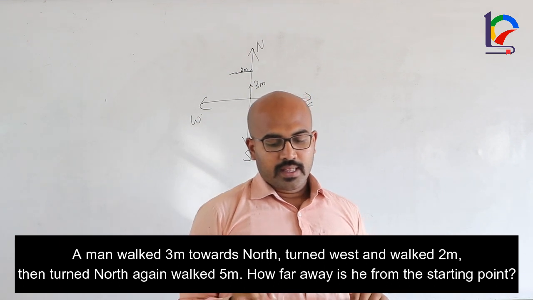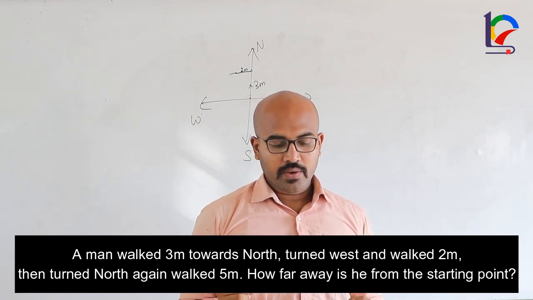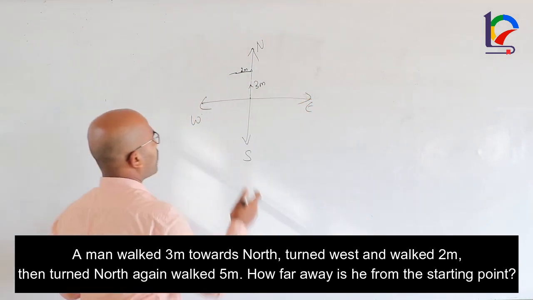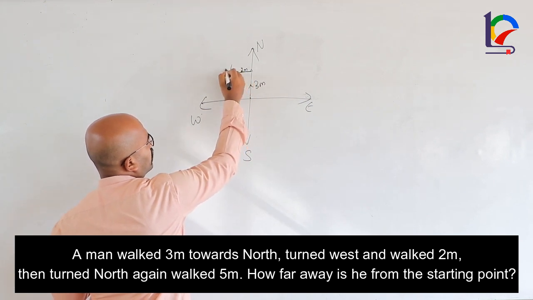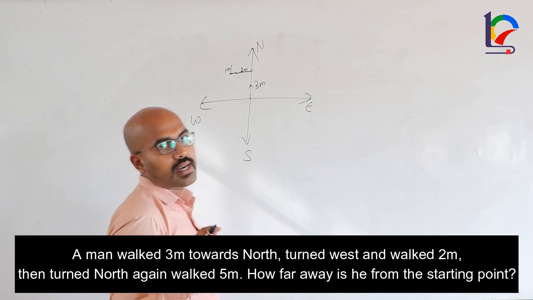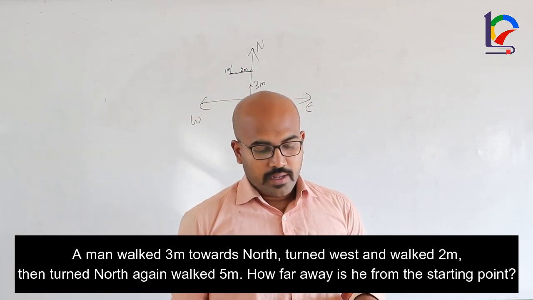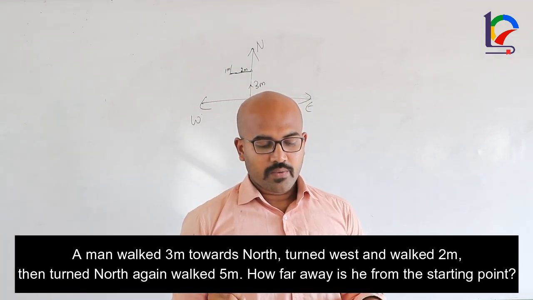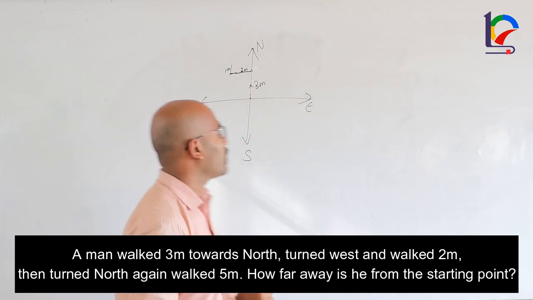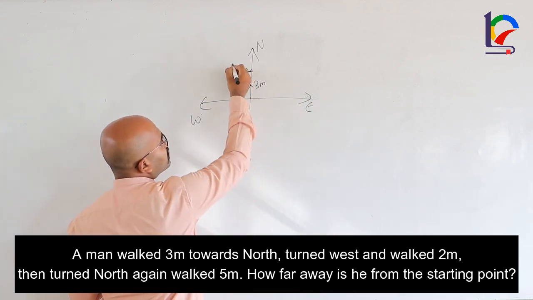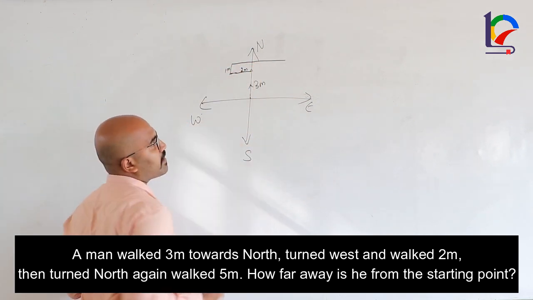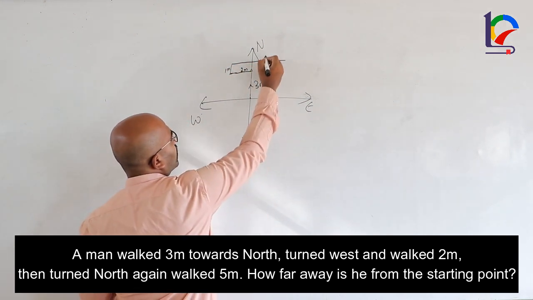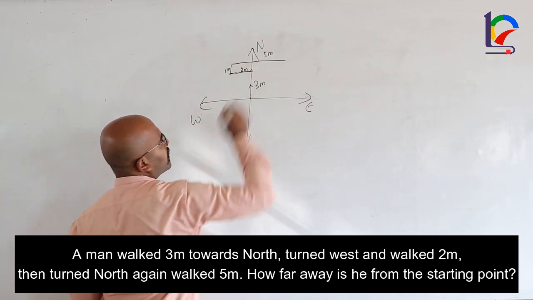After this, he turned north again and walked 1 meter. After walking 2 meters to the left, he turned north and walked 1 meter. And then he turned east and walked 5 meters. Finally he turned towards east, towards his right, and walked 5 meters.